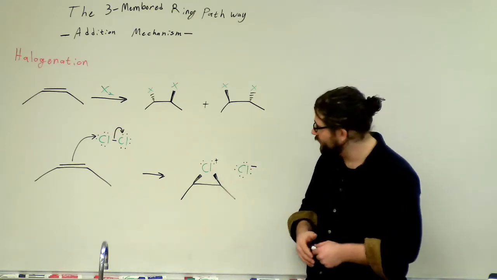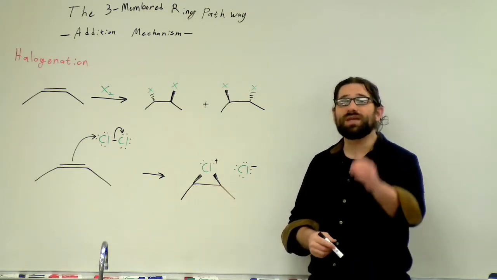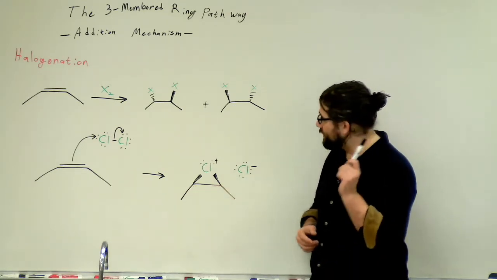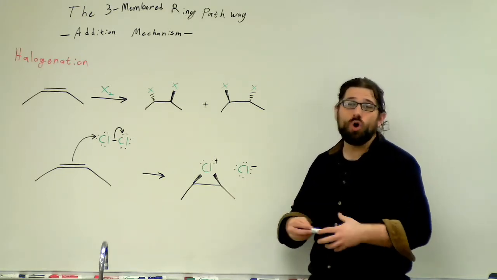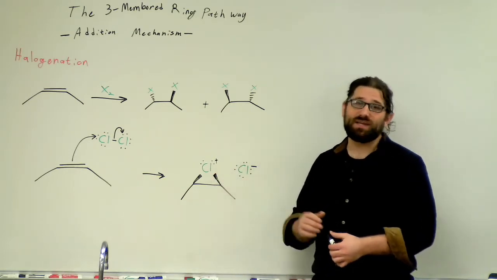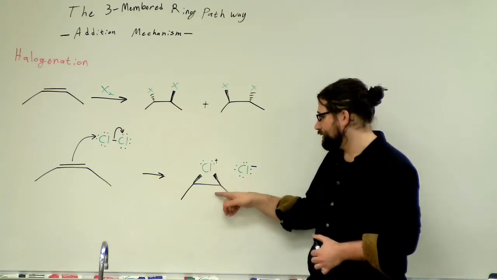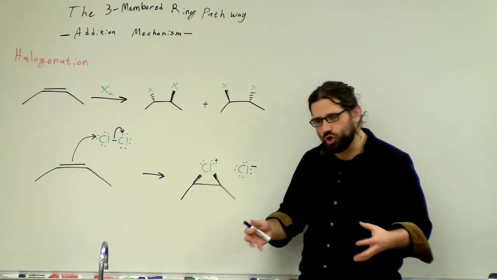You could go ahead and calculate this if you would like. The formal charge on both carbons is still going to be 0. On top of this, this chlorine, which in this case is called a chloronium ion, is going to be more electronegative than these carbons. And so it's going to pull the electrons in those two bonds closer to it.